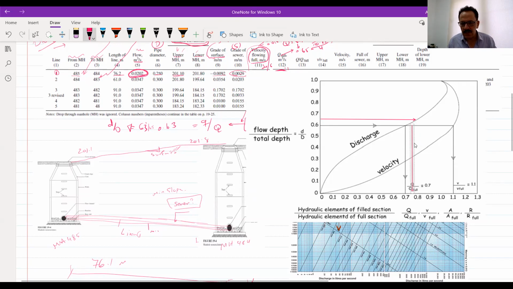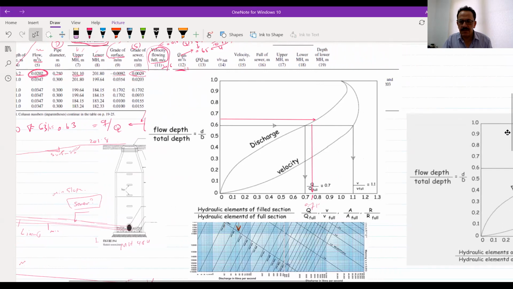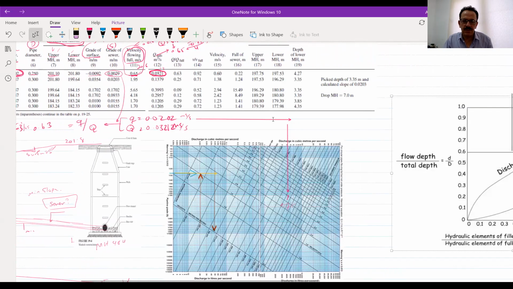It's about 0.75, so d over D will be near 0.75, and we need this one to be mentioned in our calculations.